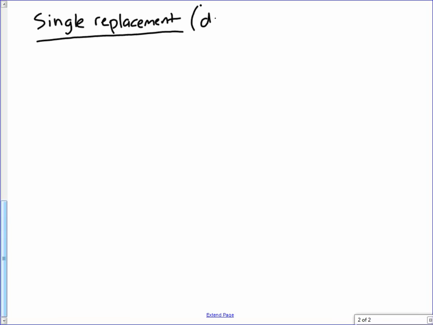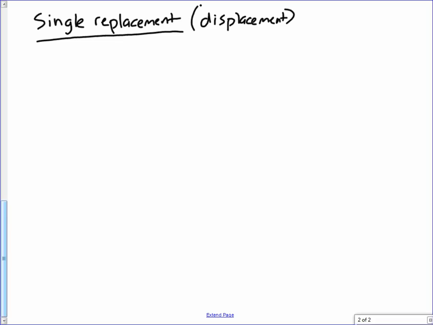Alright, the next type is what's called single replacement reactions. You might see it called single displacement. It really means the same thing. Those are just used interchangeably.